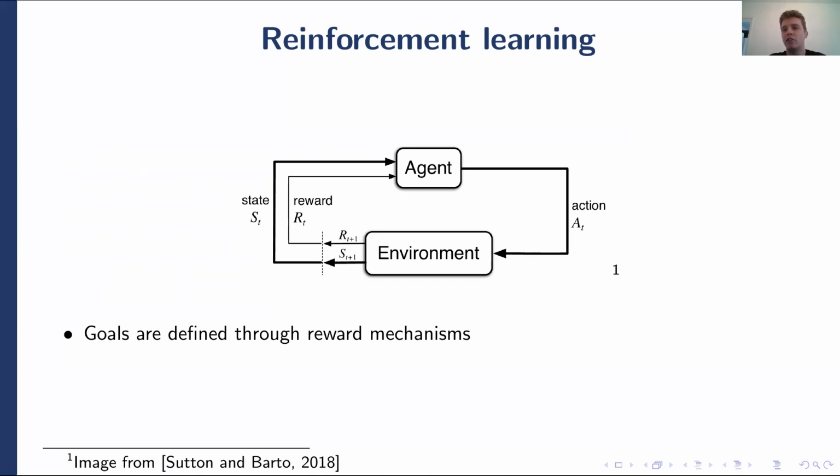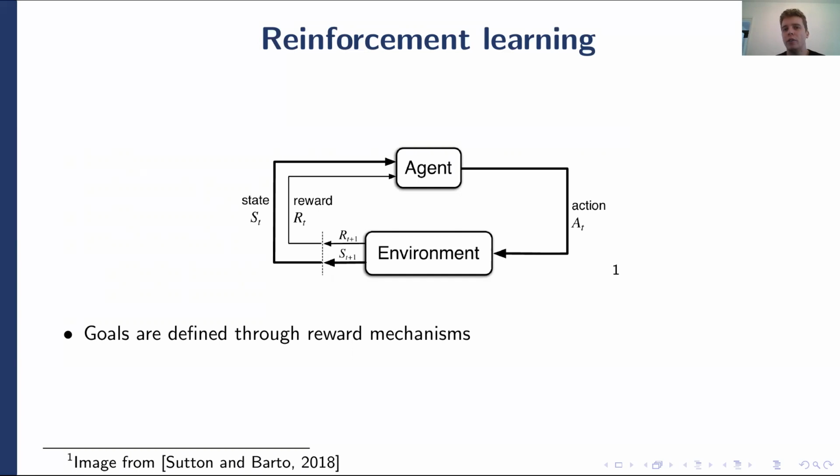You can think of the agent as a computer making automatic decisions in some environment. The environment could be the real world, it could be a simulation of the real world, it could be a closed system that waits for decisions from the agent.